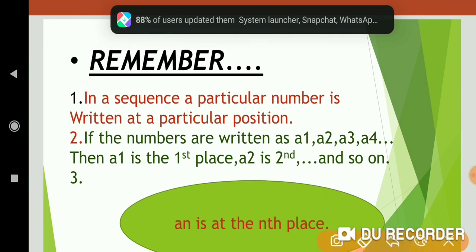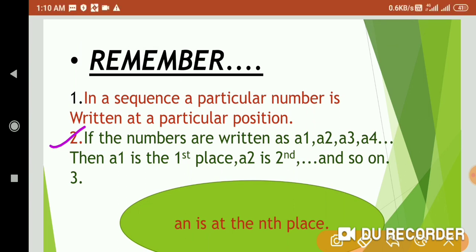Now students, consider the second rule. If the numbers are written as A1, A2, A3, A4 and so on, then A1 is the first position number, A2 is placed at second position and so on. Here I can also write 1, 2, 3, 4 and so on.